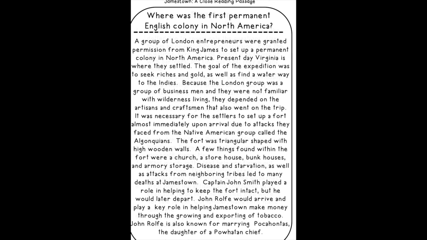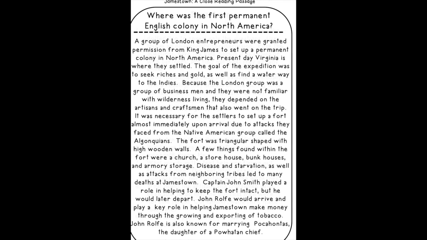It was necessary for the settlers to set up a fort almost immediately upon arrival due to attacks they faced from the Native American group called the Algonquins. The fort was triangular-shaped with high wooden walls. A few things found within the fort were a church, a storehouse, bunkhouses, and armory storage.